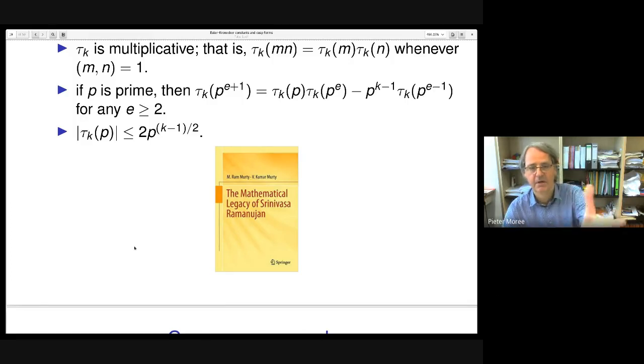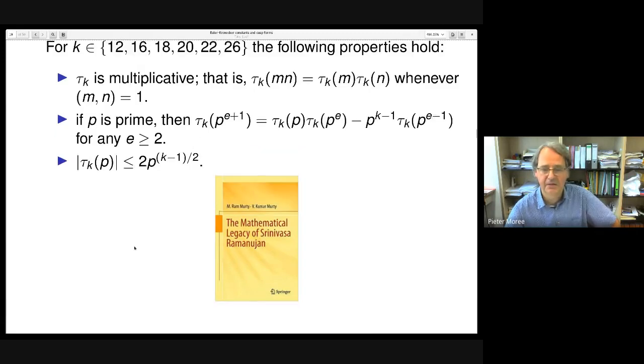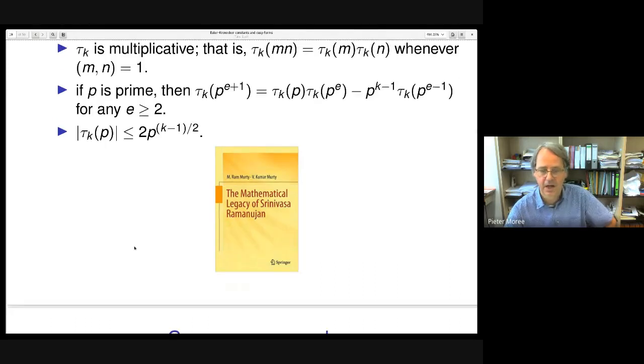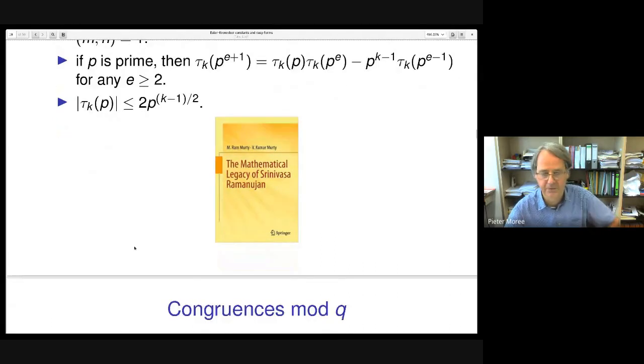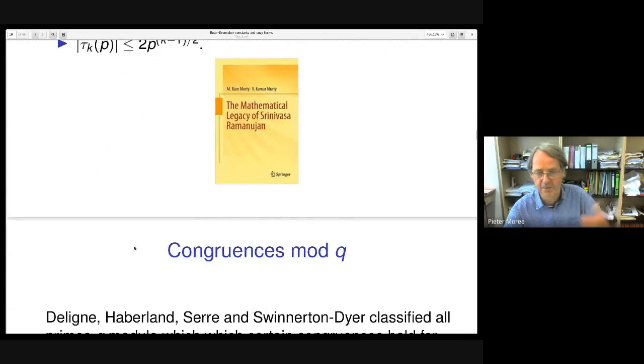So these properties that Ramanujan saw actually played an enormous role later in mathematics. And also the interesting thing is that at the time, Hardy didn't realize how important some of the things were that Ramanujan did. That only became clear later.